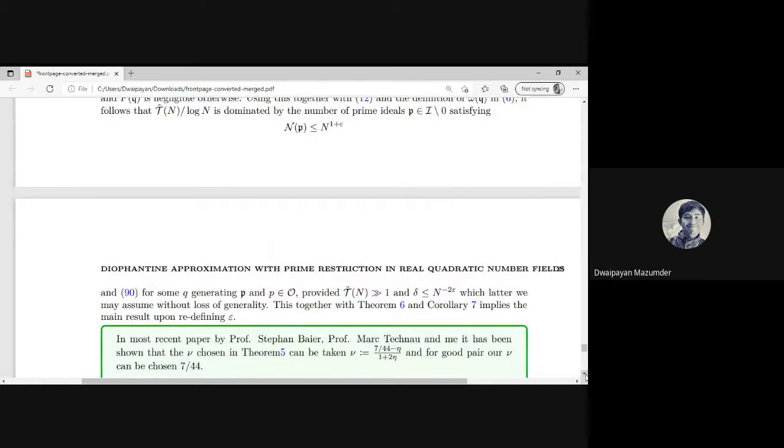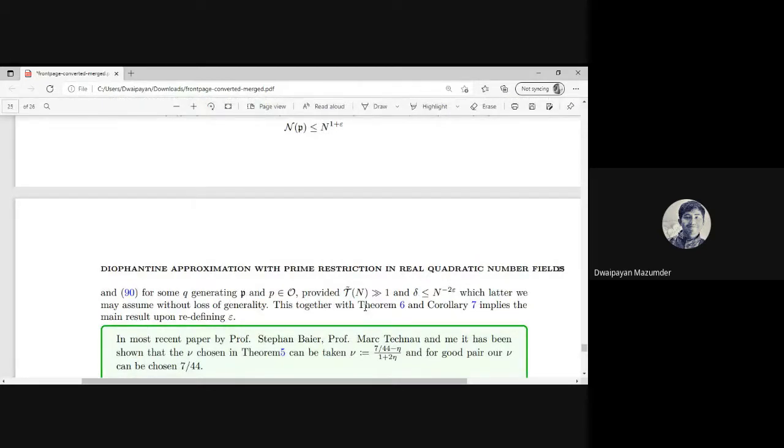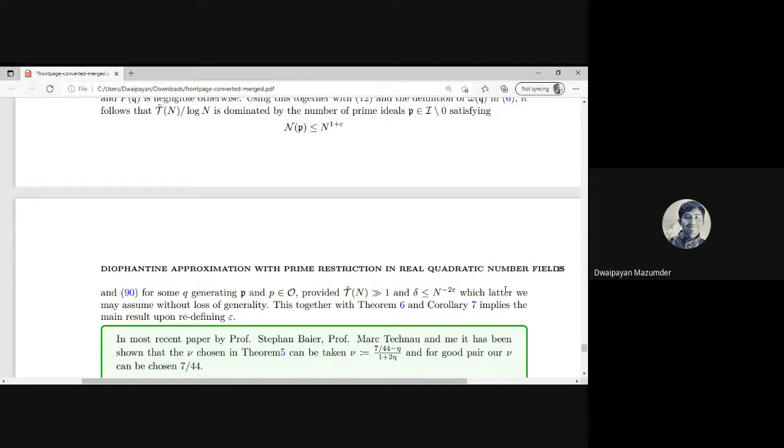So for some q generating, this is provided. I have already said that. And for this epsilon, delta is less than or equal to n to the power minus 2 epsilon, but we can choose that without loss of generality. There is nothing much to that.